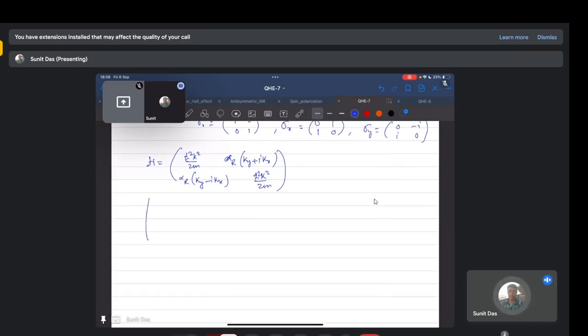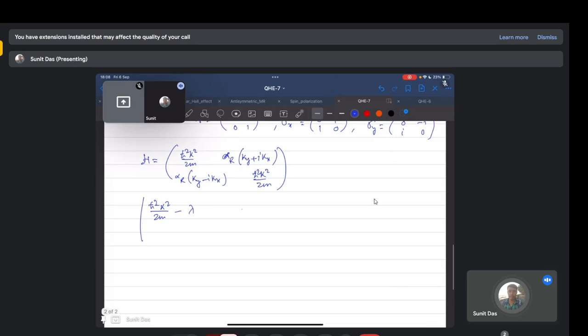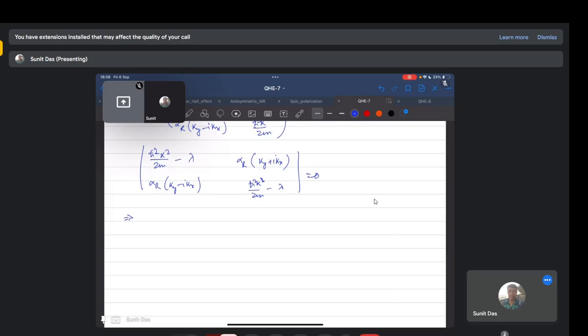in order to evaluate the eigenenergies, we just need to solve this determinant equation, minus lambda, let's say these are the eigenmode energies, equal to 0, which will give me square minus alpha R square and ky plus i kx, ky minus i kx equal to 0.